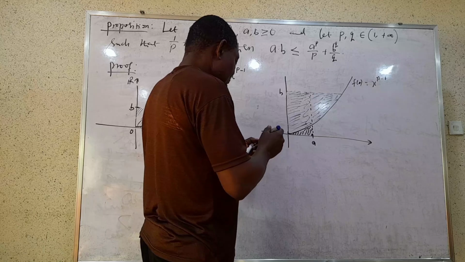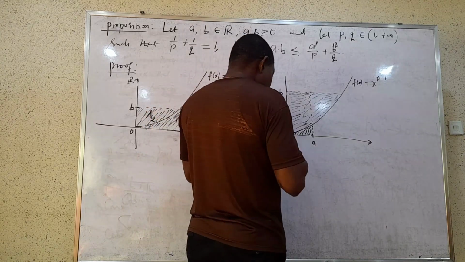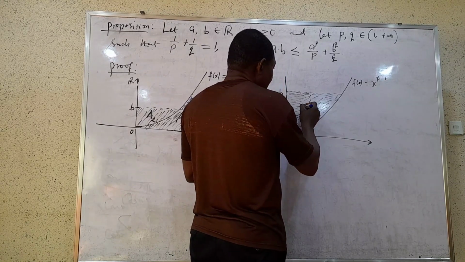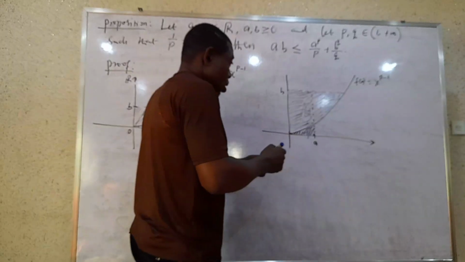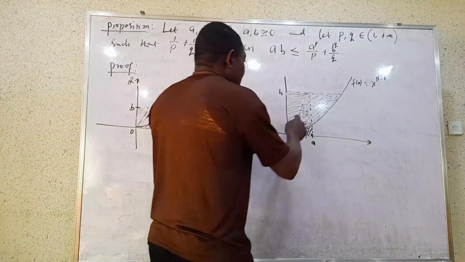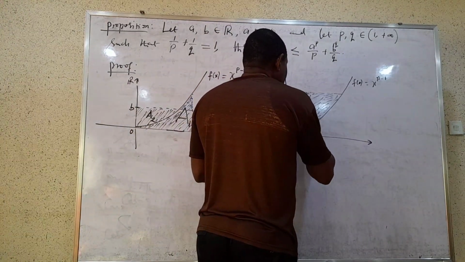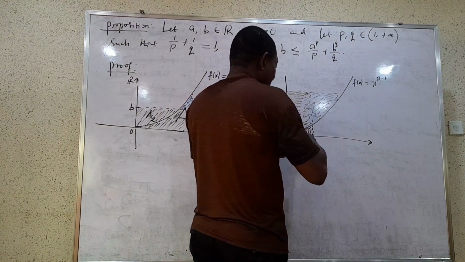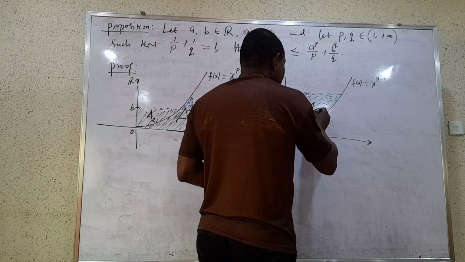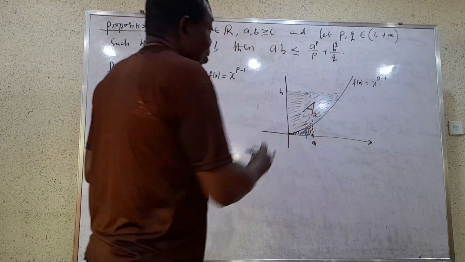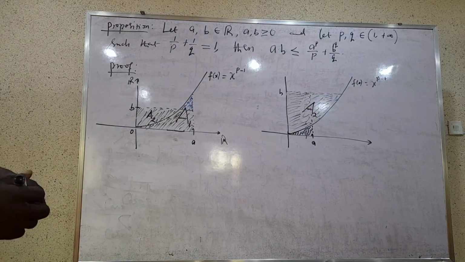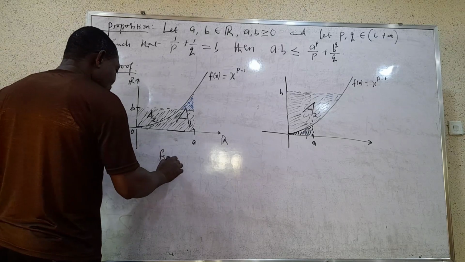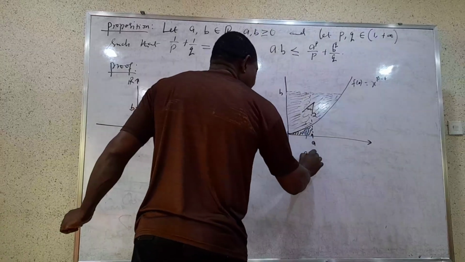So if I label the area under the curve A1, and that above the curve A2, in fact, A2 is not just this portion. A2 is the whole area above the curve. I call this one fig 1, and here I have fig what? Fig 2.